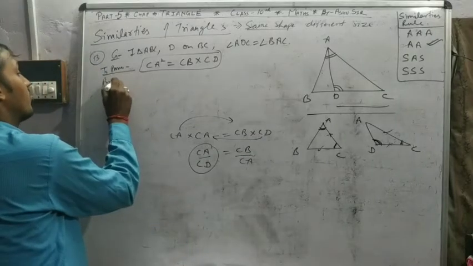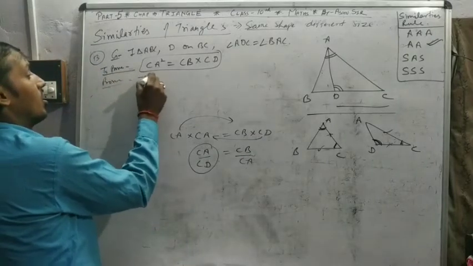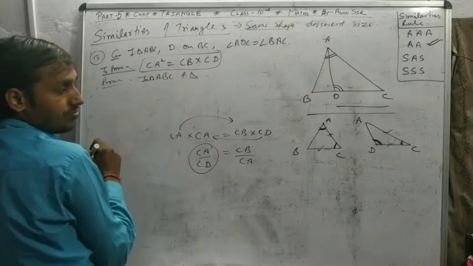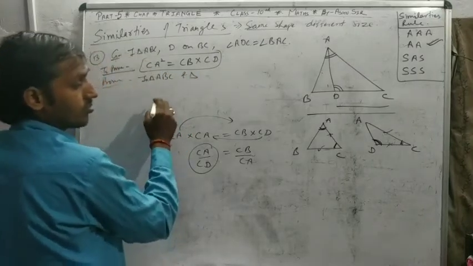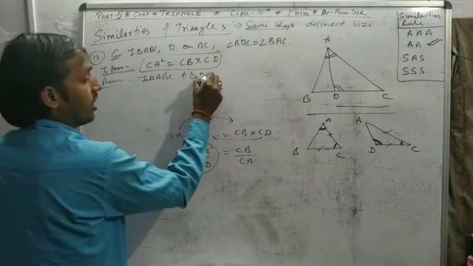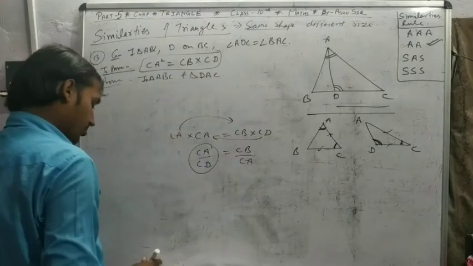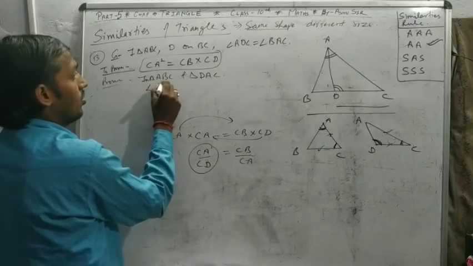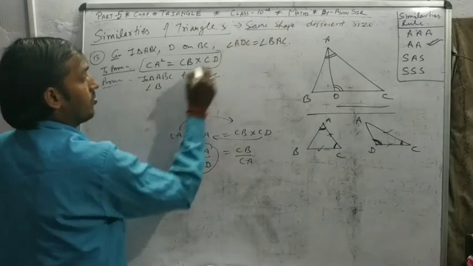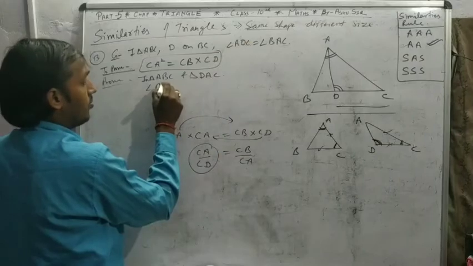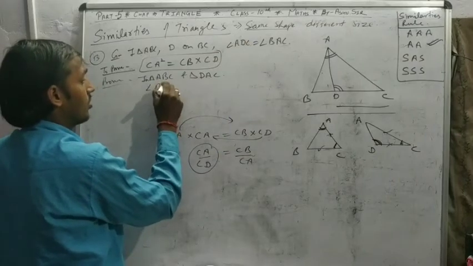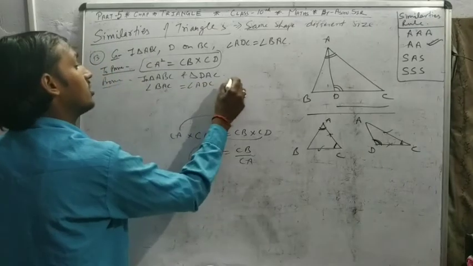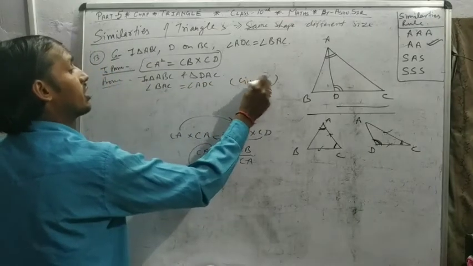So proof: in triangle ABC and triangle DAC, angle BAC is equal to angle ADC, given.